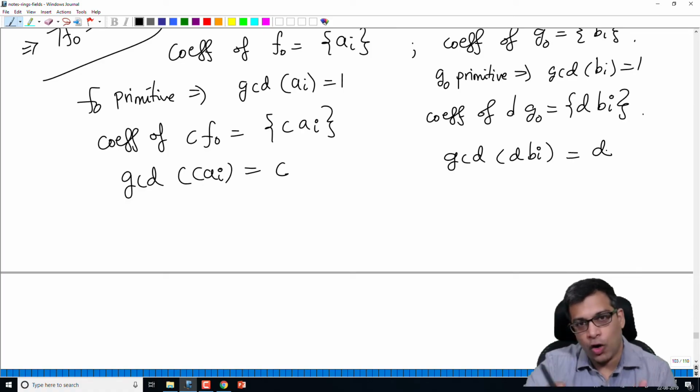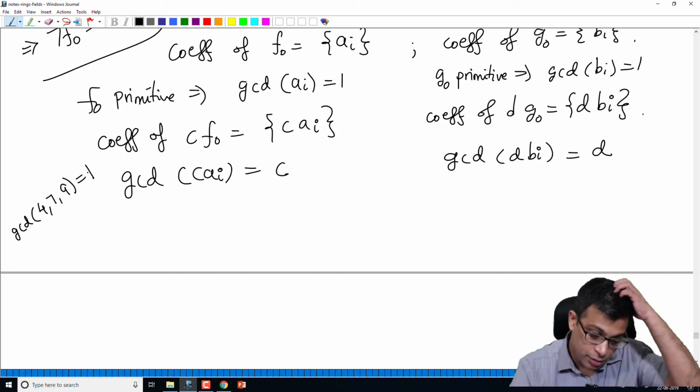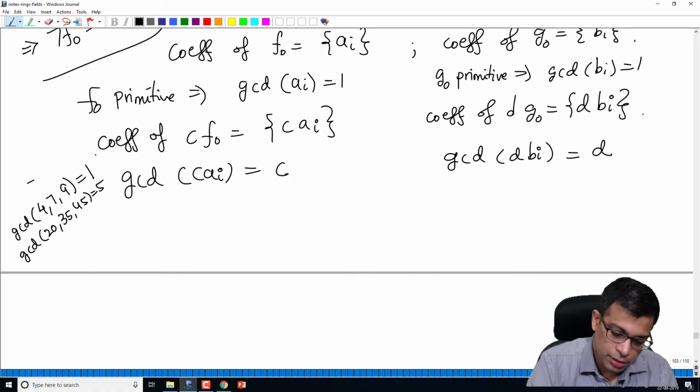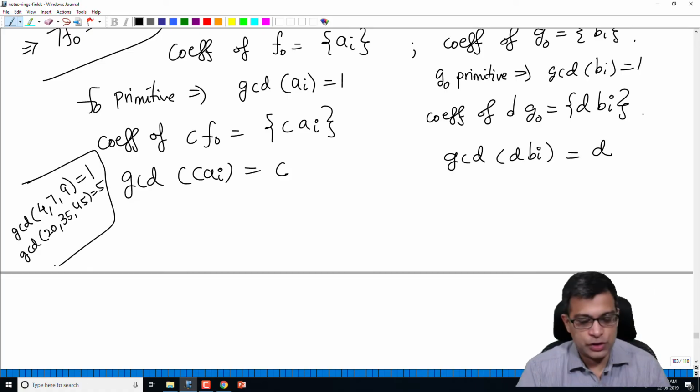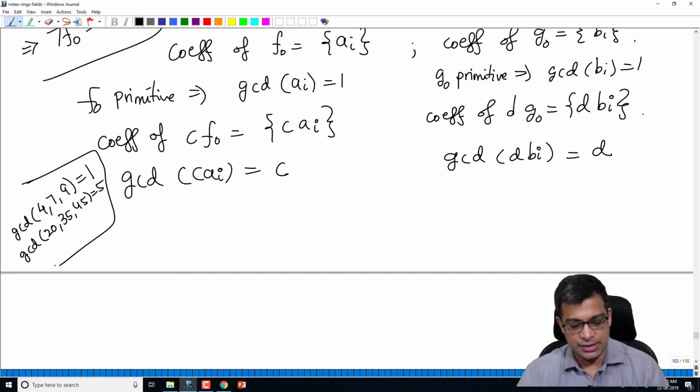You multiply all of them by the same integer, the GCD becomes C. So GCD of 4, 7 and let's say 9 is 1, right? Because they have no common factors. But if you multiply all of them by 5, so you have 20, 35, 45, the GCD will become 5 because 5 certainly divides all of them. No other prime can divide them. So it is GCD 5.